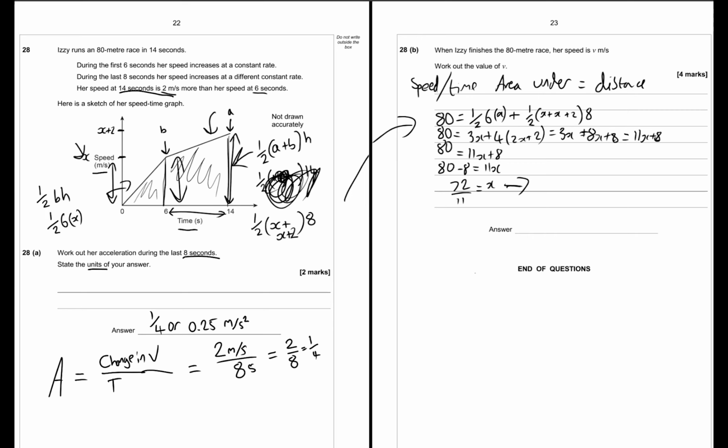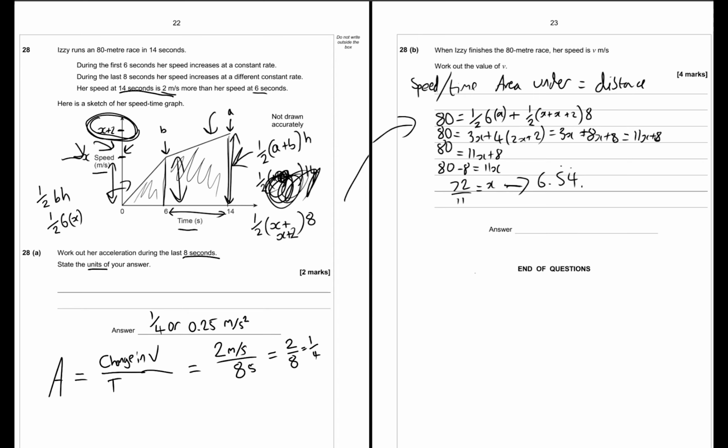That's going to tell us that x is equal to, you can put that in your calculator, 72 divided by 11 equals 6.54. So 6.54 is your x, so that is your speed here. But you don't want this speed, you want this speed.